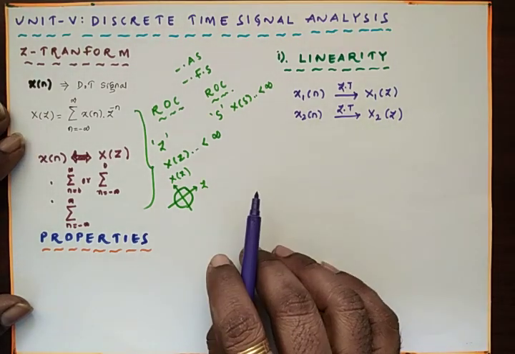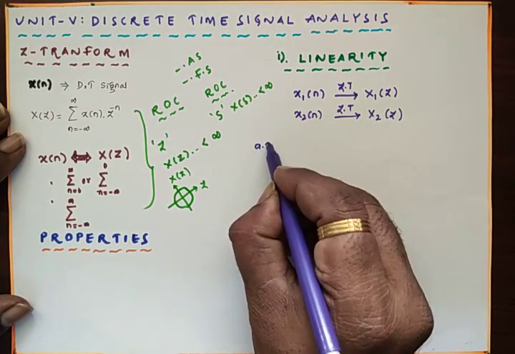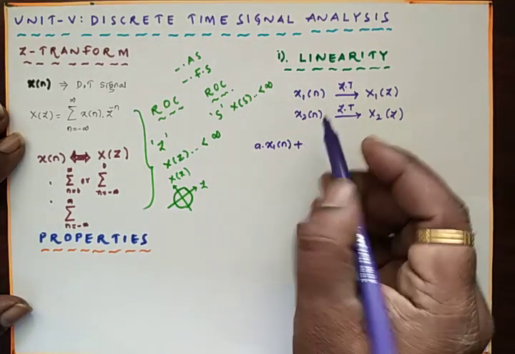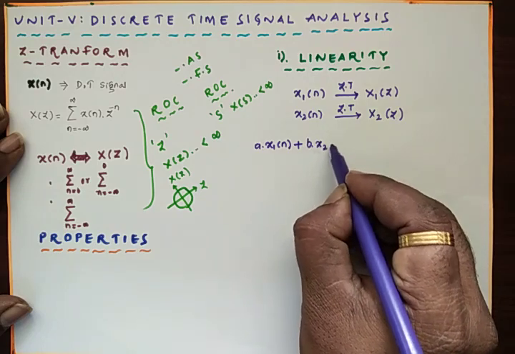Now I have the linear combination of input signals, such as a into x1 of n, one signal, added with another signal b into x2 of n.